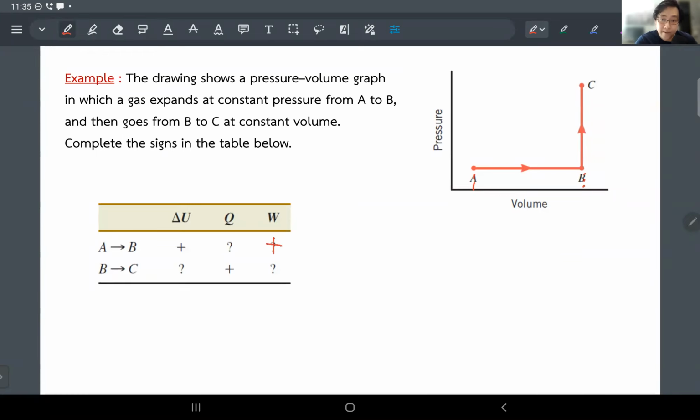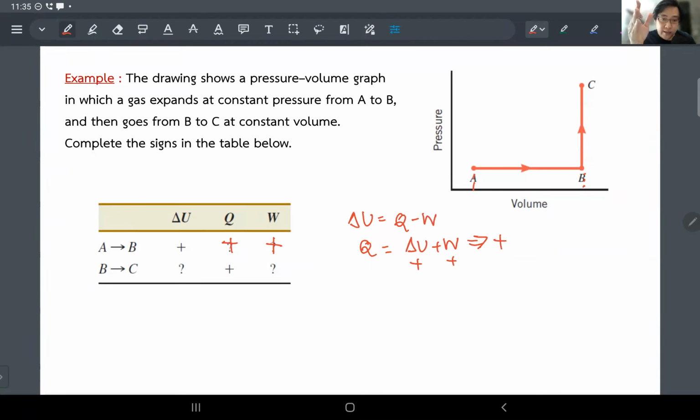With me? Now, from the first law of thermodynamics, delta U equals Q minus W. Don't forget, from now on, W is the work by the system. Gas expands, W is positive, done. So Q is going to be delta U plus W, and because they're both positive, this will lead to a positive Q. With me, guys? And that is done from A to B.